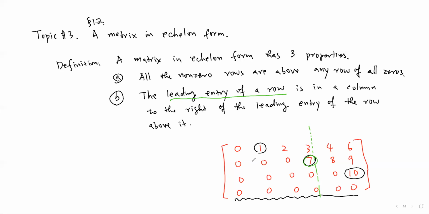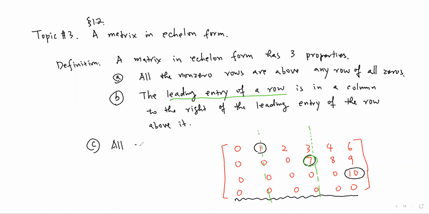The row above the second row is row 1. Yes, this column is to the right of the leading entry of row 1. This is one example.